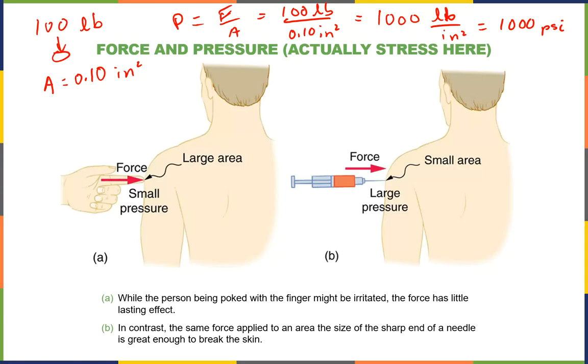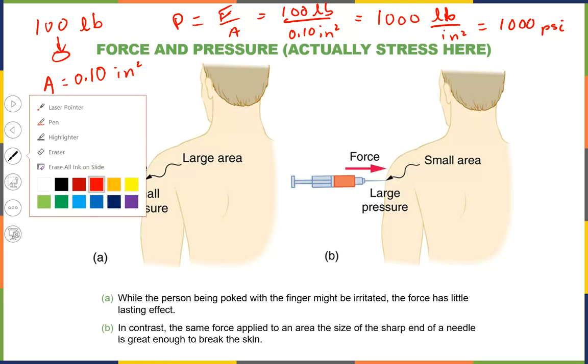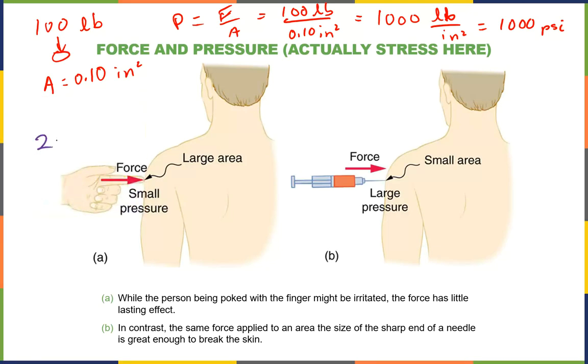Now let's take a person that is a 200-pound person, standing on both feet. The area of their feet, take mine as a classic example. It's about 14 inches long and about, let's say, 4 inches wide.